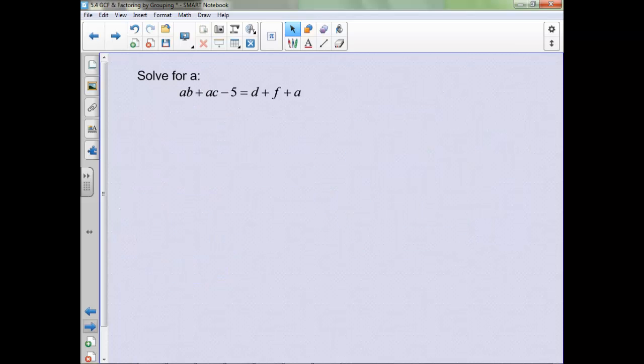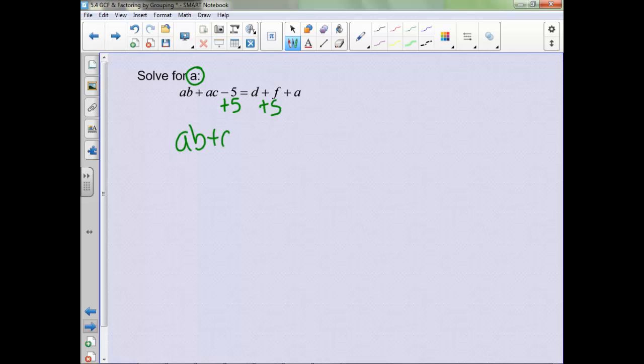Alright, now this is going to work very similarly. So now we're solving equations, but notice we want to solve for a. So the first thing we have to do is let's get all the a's on the same side and everything that doesn't have an a on the other side. So let's go ahead and move this 5 away by adding 5 to both sides. But we still need to move this a, so let's subtract it.